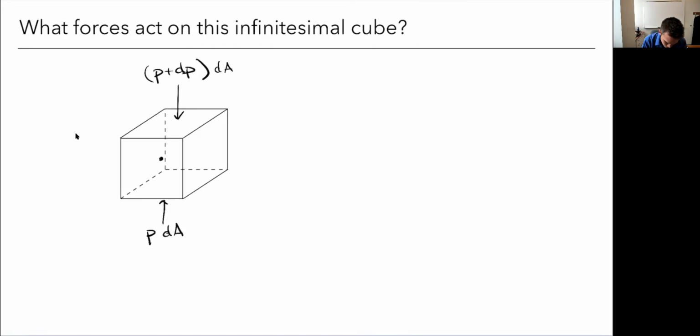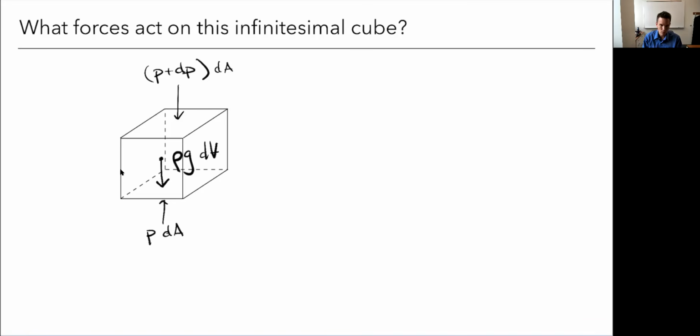We also have weight, right? Let's take the center of mass of this little control volume here. This is going to be a weight force. So weight is going to be related to the density of my fluid, air in this case, times the volume. So that's my mass, and then I multiply by gravity, right, to get the force. So rho dV, again, that's my density times the volume gives me the mass of that fluid, and then multiplied by g is the weight of that cube.